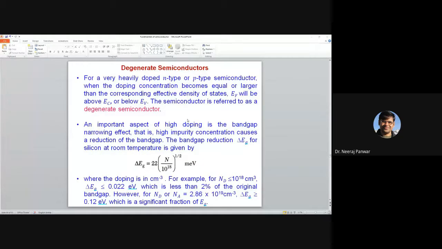Now, we discuss degenerate semiconductors. It is also one of the important classes of semiconductors useful in many semiconductor devices.